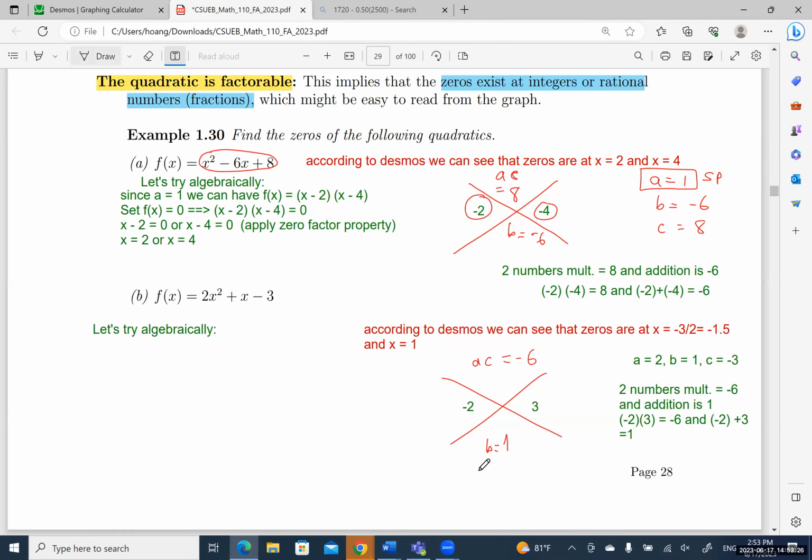So we have f of x equal to 2x squared minus 2x plus 3x and minus 3.